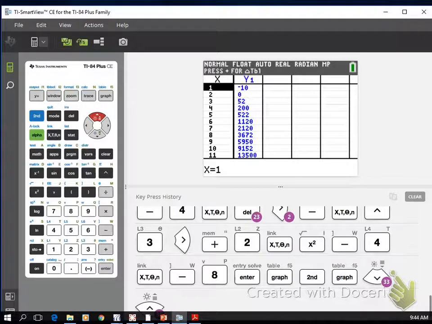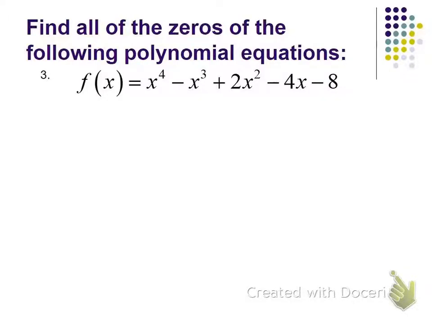That's okay. We'll just use 2 in our synthetic division. Okay? So let's do exactly that. 2 in our synthetic division, which means that one of the factors is x minus 2. Oh, by the way. And do our synthetic division. So 1, negative 1, 2, negative 4, negative 8.